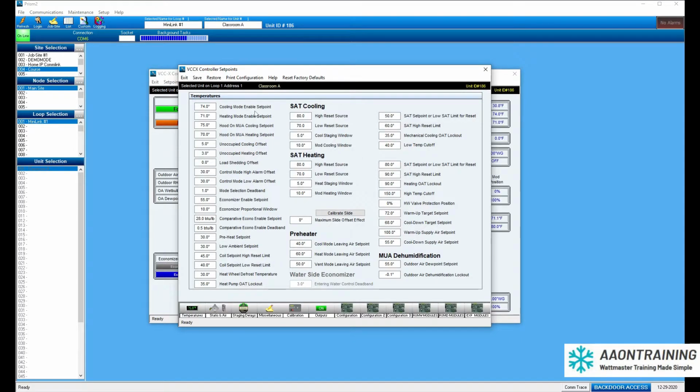So for instance, the mode enabled set points are what determine if the unit is going into heating mode or cooling mode. Essentially they're similar to your household thermostat, but with a few differences. To enable cooling, your control temperature sensor must be higher than the cooling mode enabled set point plus the deadband, which is shown down here.